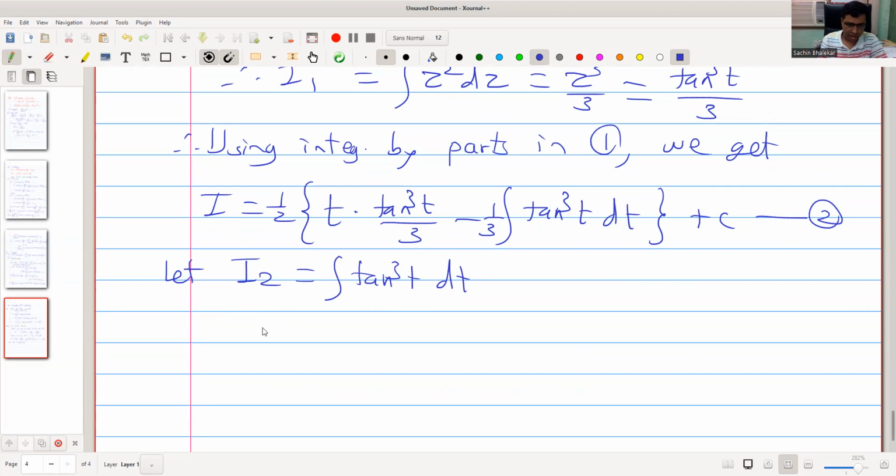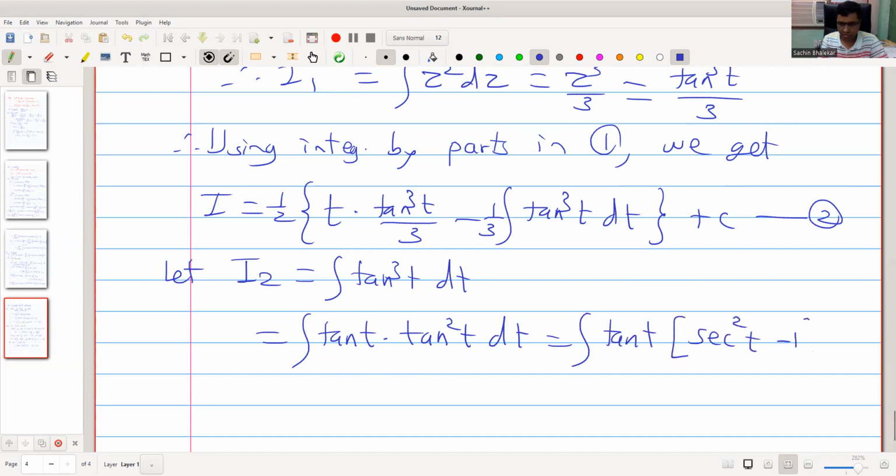We write this as integral tan t multiplied by tan square t dt, and tan square t is sec square t minus 1, so this becomes integral tan t multiplied by sec square t minus 1 dt. So we can write this as integral tan t sec square t dt minus integral tan t dt.